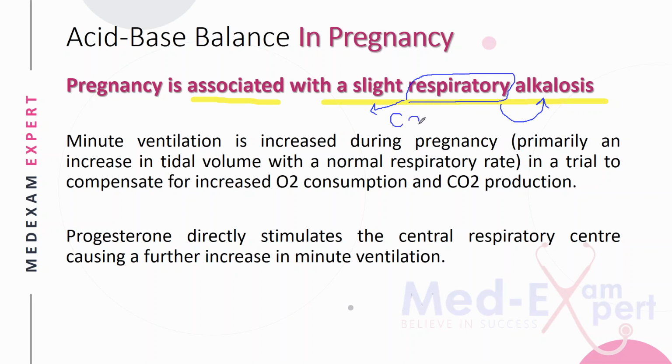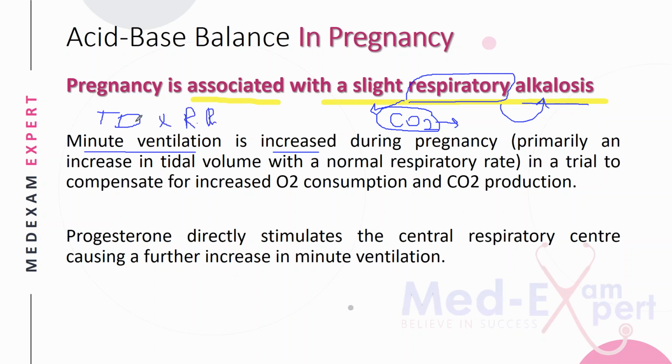It's the CO2. And what is the action of CO2? Usually the action of the CO2 is that it takes the blood in the direction of acidity. But when I'm talking about respiratory alkalosis, I'm getting rid of carbon dioxide. And that's what happens in pregnancy, because in pregnancy there is an increase in the minute ventilation. The minute ventilation is calculated by multiplying the tidal volume by the respiratory rate.